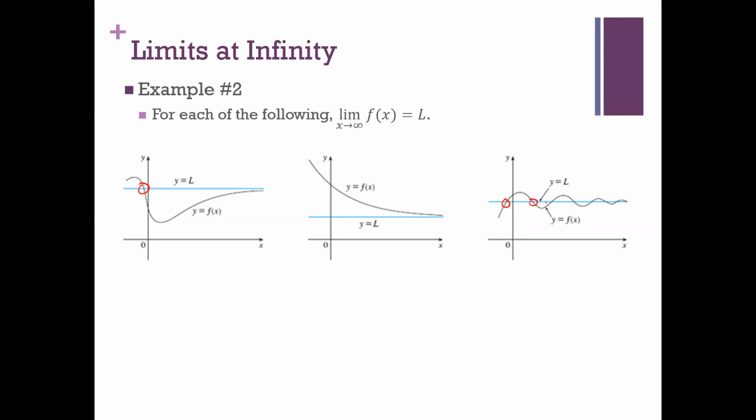those of you who are engineering majors are going to see these damped functions a lot. But even though I have an infinite number of crossing points at that limit, you can still see that as an asymptotic relationship. You can make that get arbitrarily close to that level.